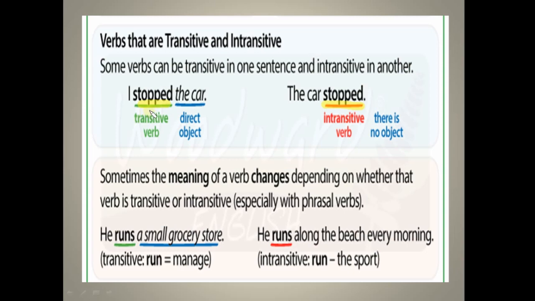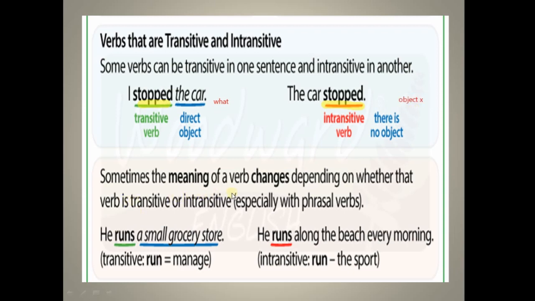One verb we can use for both, whether transitive or intransitive. Now see, I stopped what? So what did I stop? That is the car. Again we have got the answer, what. So this is our transitive. Here we did not get any object, so object is not given. So that's why this is our intransitive.